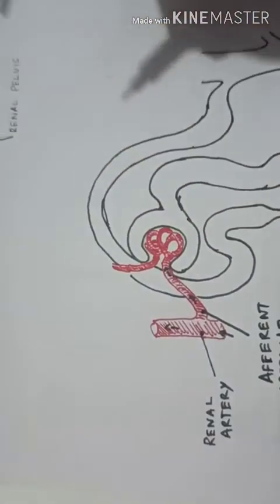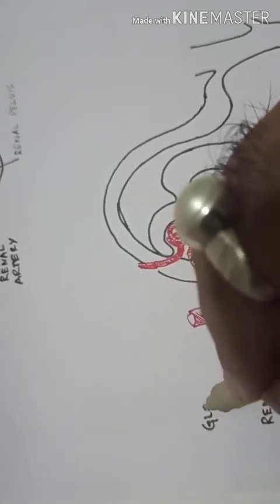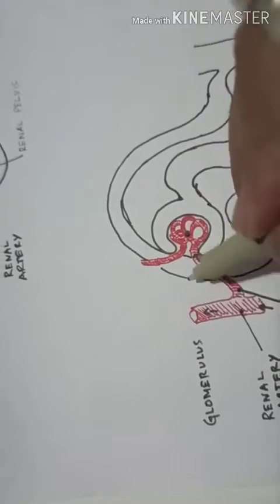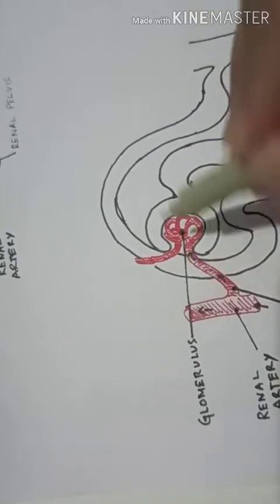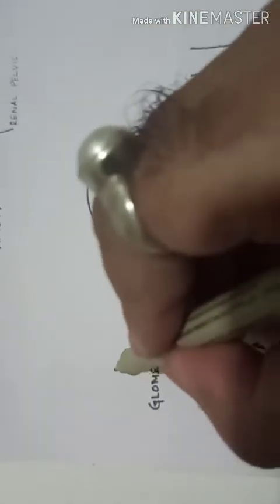It will go into this section. This section is known as the glomerulus, and this section is known as Bowman's capsule.